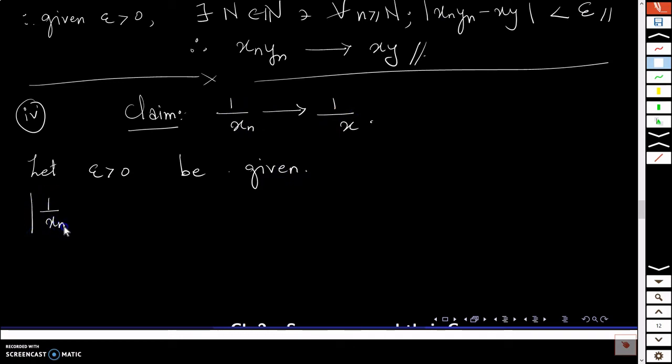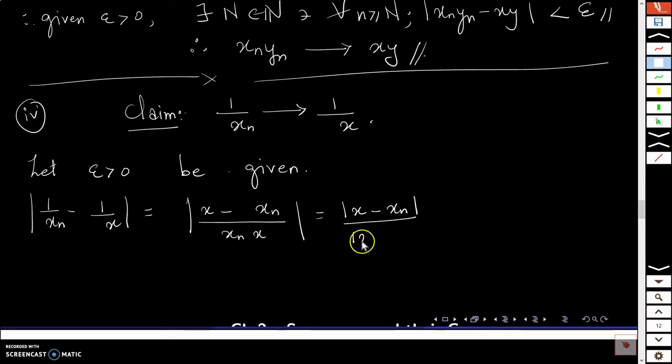1 by xn minus 1 by x. Let's simplify this. Cross multiplying will give me modulus of x minus xn upon modulus of xn into x. Distribute the modulus to the numerator and the denominator. So that will give you this, right?